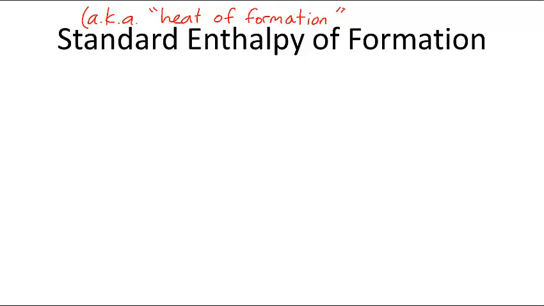We symbolize this way: delta H, I'll explain what that superscript means in a minute, and then F as the subscript afterwards. So if you ever see delta H with an F subscript, that means of formation. Okay? And this is something that we create to establish a 0 point on the enthalpy scale.